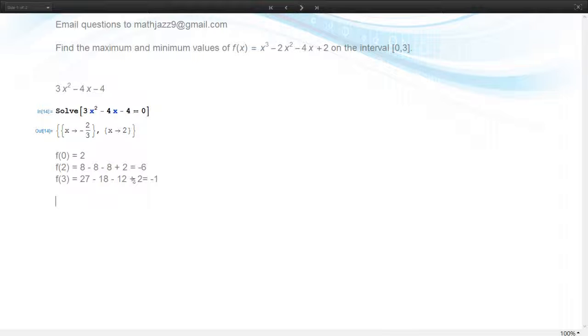So that means that 2 is the maximum value of f on the interval, with 0 being the maximizer, and 2 is the minimum value. Sorry, negative 6 is the minimum value, with 2 being the minimizer.